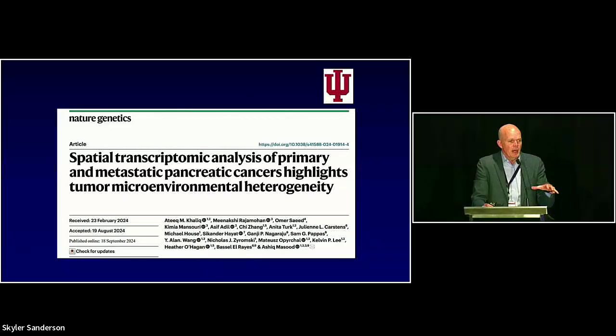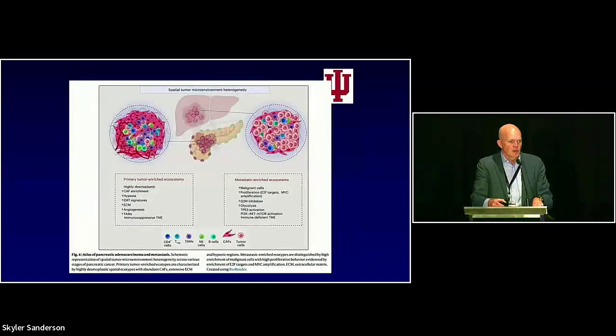Similarly, understanding the biology of the tumor and potentially metastatic tumor. This is really beautiful, elegant work by my colleague Ashik Masood at IU, looking at spatial transcriptomic analysis of primary tumors and metastatic deposits and really focusing on the differential microenvironment, the heterogeneity between tumor and metastatic deposit. And the question again here is, how do we use this information to help us select patients?